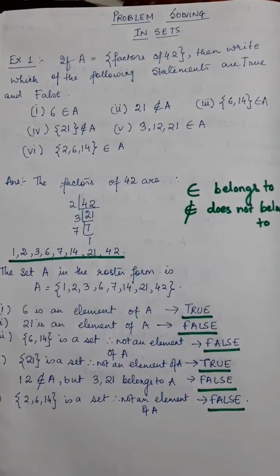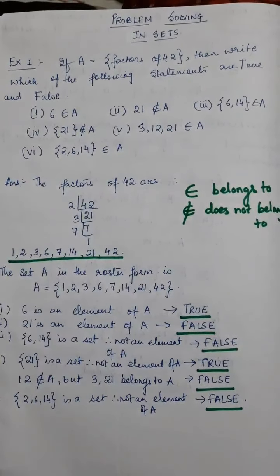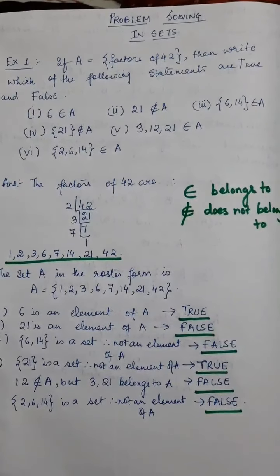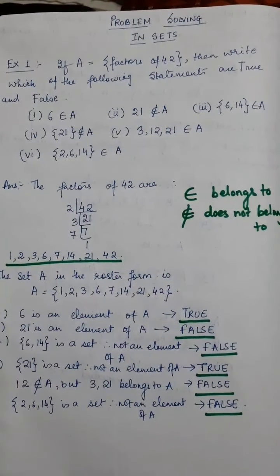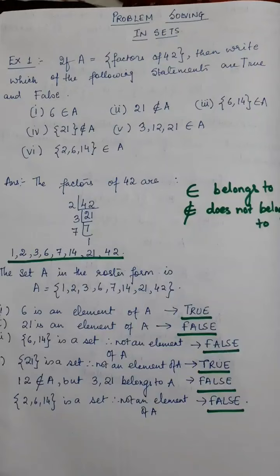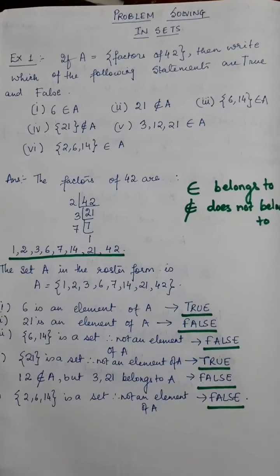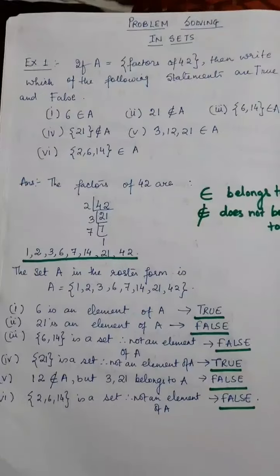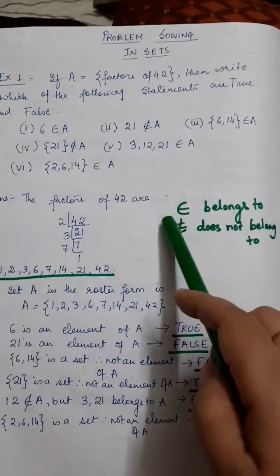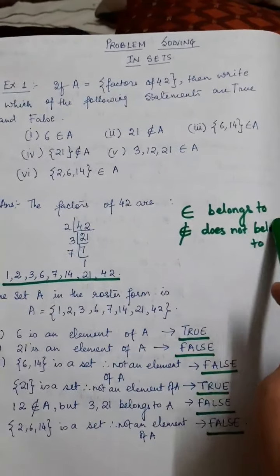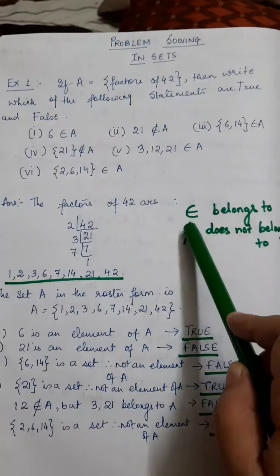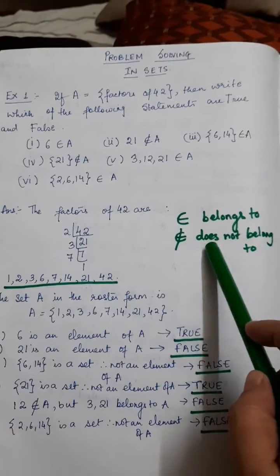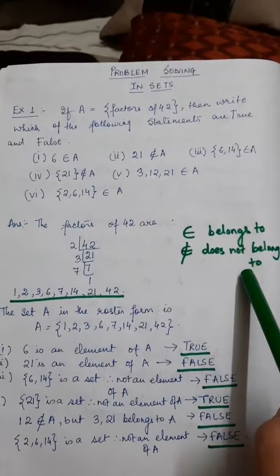Set 21 does not belong to A. Number 5. 3, 12, 21 belongs to A. And number 6, set 2, 6 and 14 belongs to A. Now let me tell you, this sign that you can see out here is the belongs to sign. And when it is cut, it means it does not belong to.